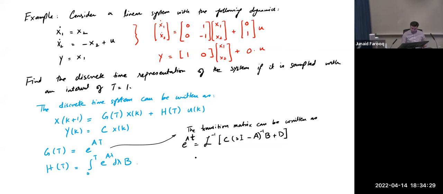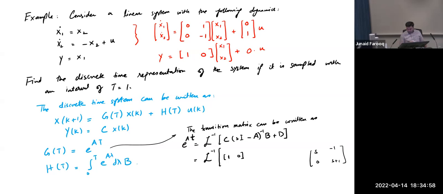So if I try to do this, basically it's Laplace inverse of, so the C matrix is 1, 0, and the sI minus A will be s plus 1, and minus 1, something like this.